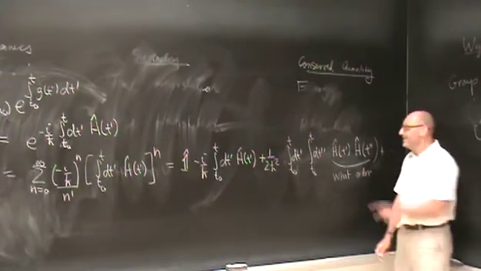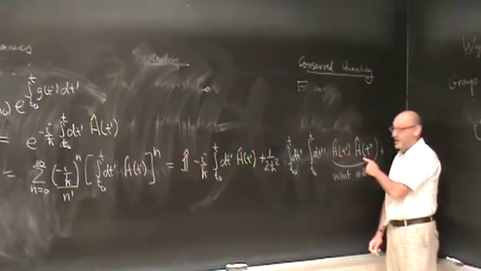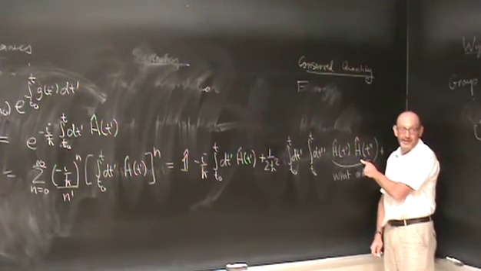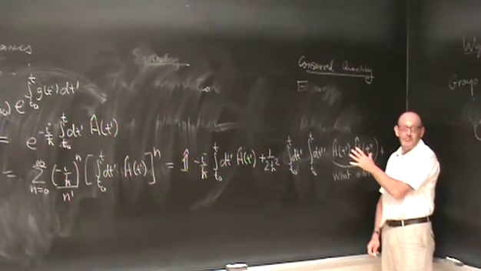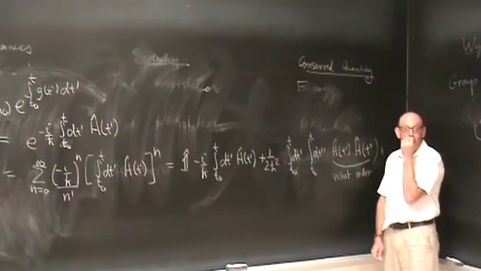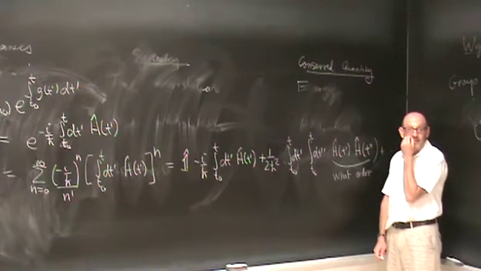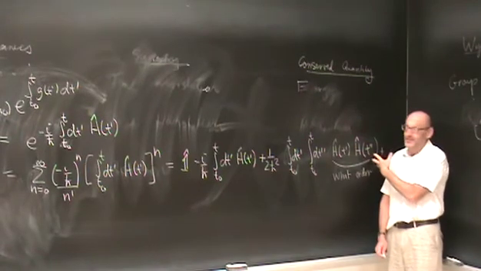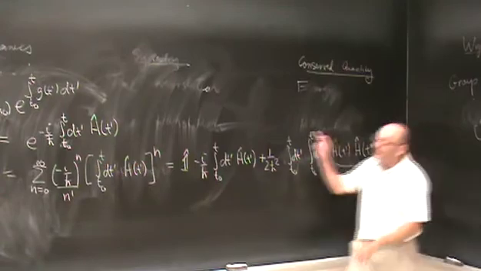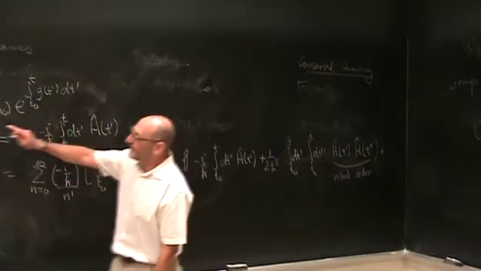The question is, does this operator commute with this operator? If they commute, I can take the derivative, and it'll be perfectly fine. But if they don't commute, check for yourself, I won't get back this.